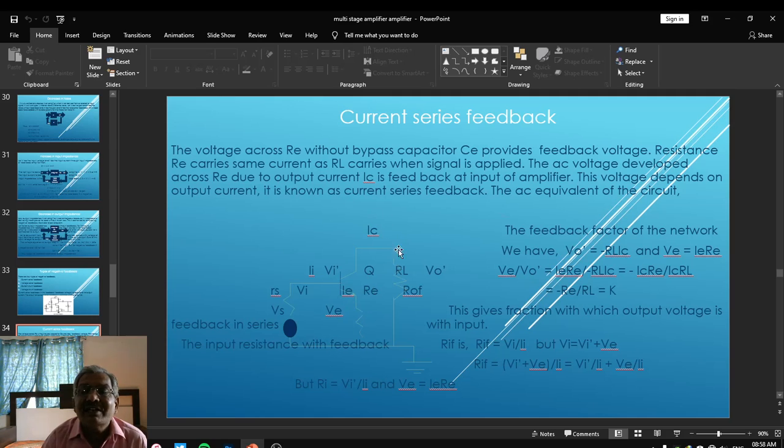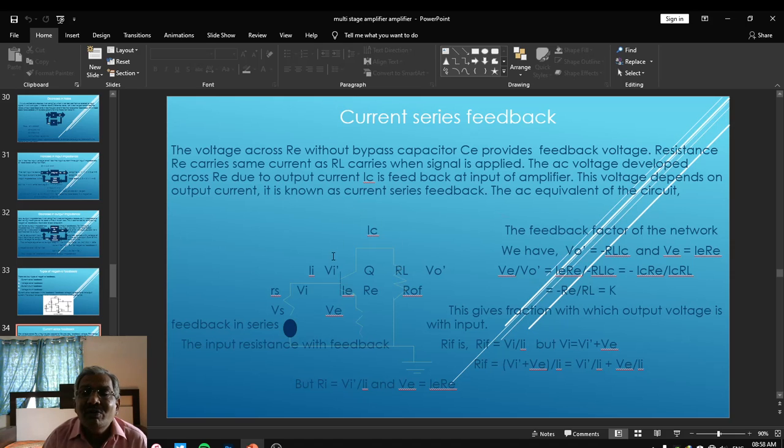IC is the collector current. RL is the load resistance. Vi dash is the voltage after feedback. Vo dash is the output voltage after feedback. So this is the AC equivalent circuit of the same.